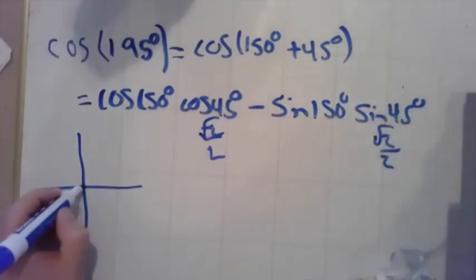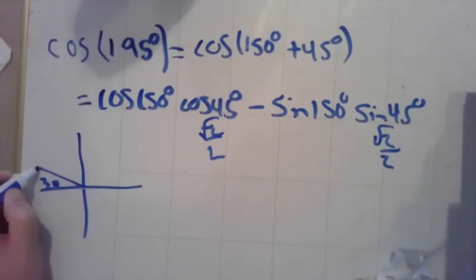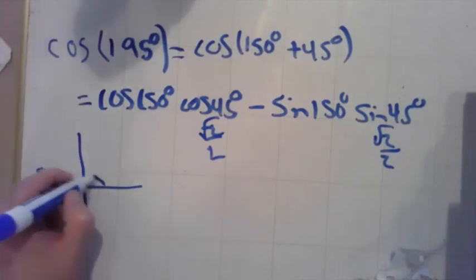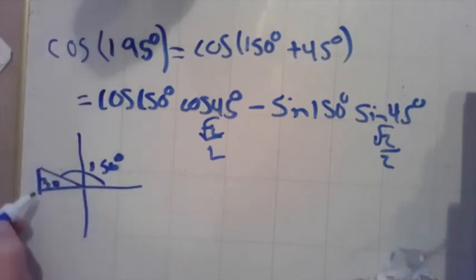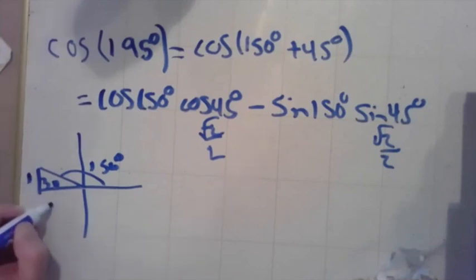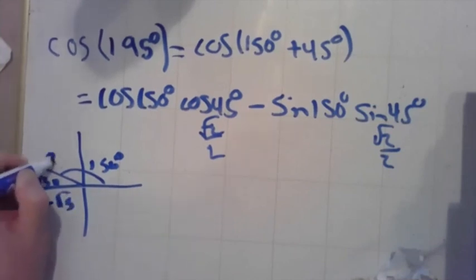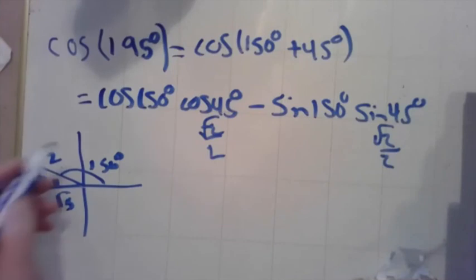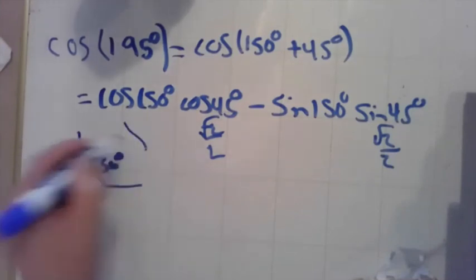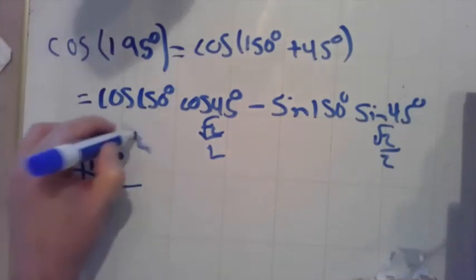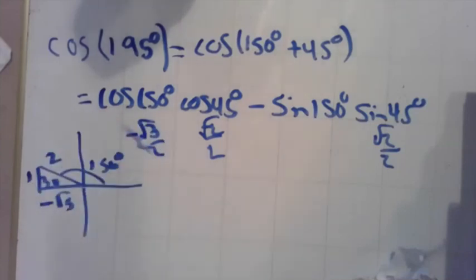But 150 has a reference angle of 30 degrees. Here's 150 degrees. So if I fill in my triangle, I'll get 1, negative root 3, 2. So cosine of 150 is negative root 3 over 2.